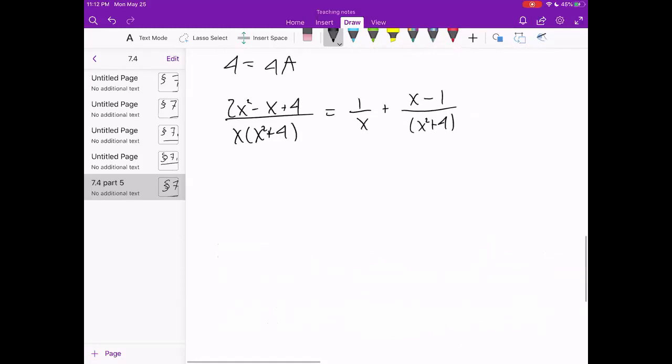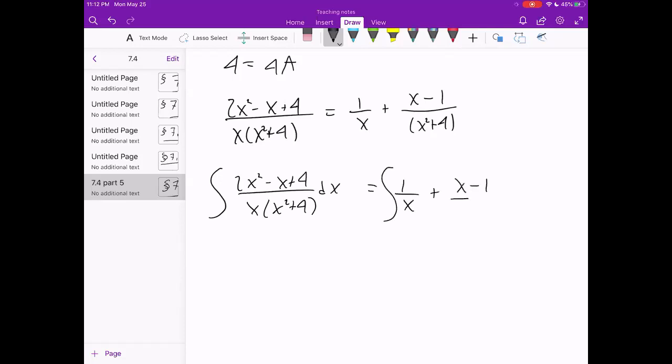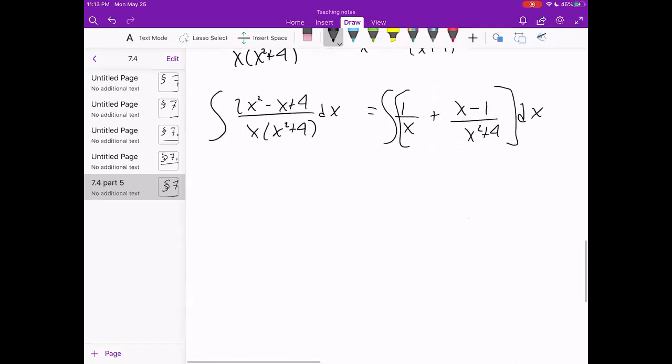And now I can do this integral, because now the integral of 2x squared minus x plus 4 over x times x squared plus 4 dx is going to be equal to the integral of 1 over x plus x minus 1 over x squared plus 4 dx. And now I just do that integral.